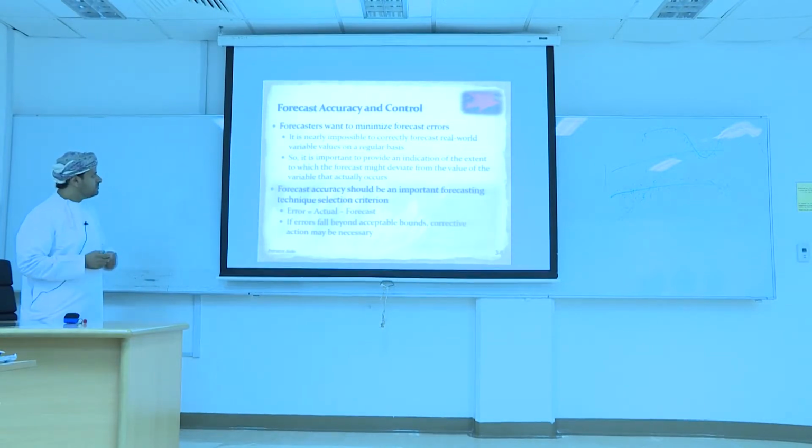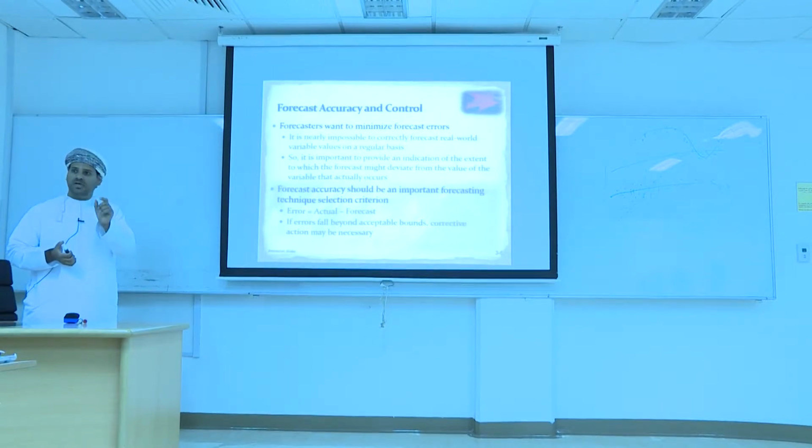Forecast accuracy should be an important criterion for selecting a forecasting technique, of course. Minimizing the error gives you a good indication of the best model. Therefore, when you select between models, you should select the model that gives you the lowest error. Lower error means higher accuracy, isn't it?